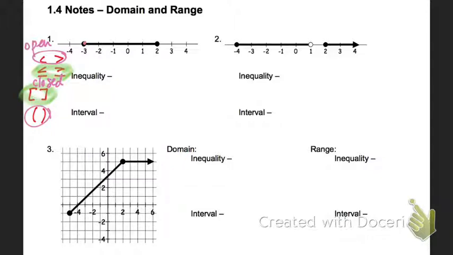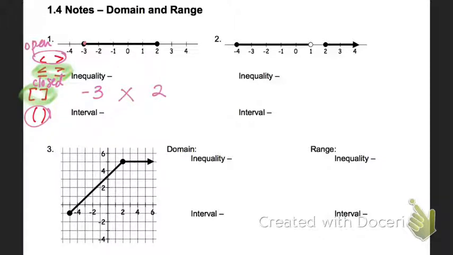So if I were to look at number one, we're just going to start with a one-dimensional line. Then we'll get to a two-dimensional plane. So for inequality notation, I'm going to write my two endpoints. So I've got -3 and I have 2. There's an x in the middle. And what signs would go?